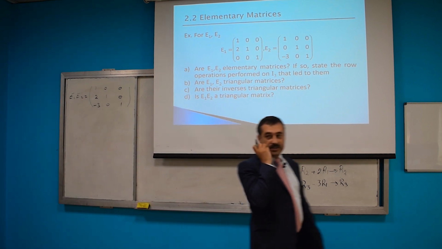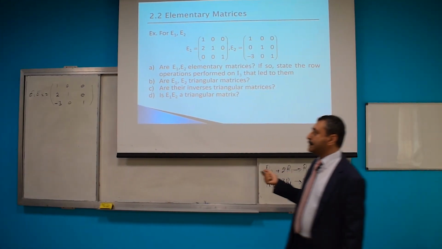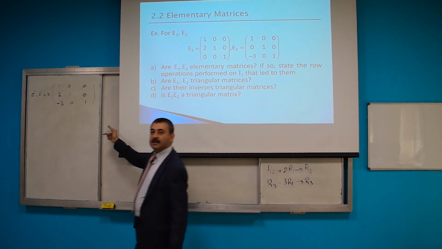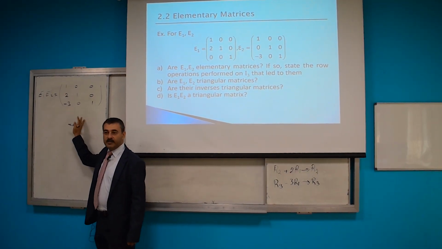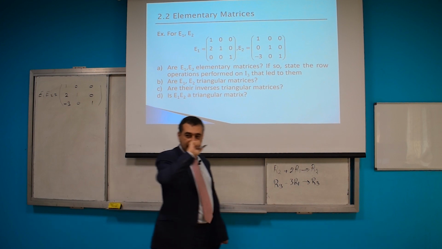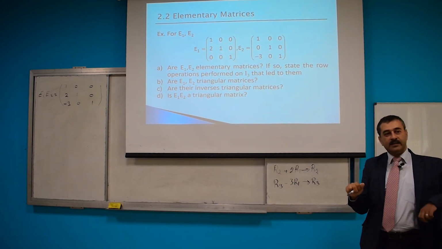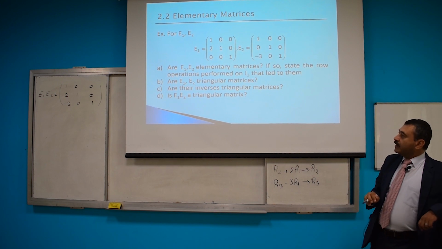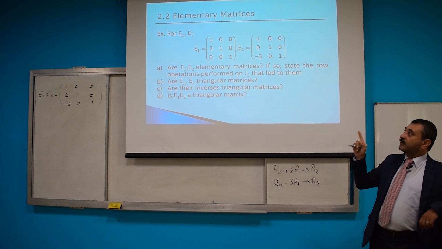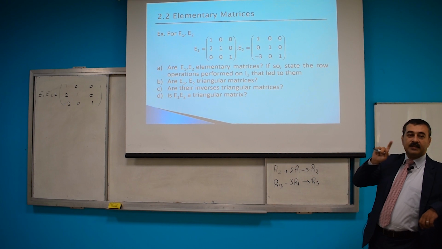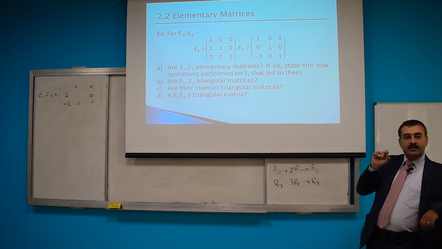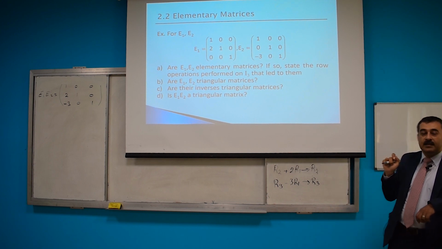Is this an elementary matrix? No, this is not an elementary matrix. However, it is a triangular matrix, lower triangular. If you look at the diagonal for all matrices, the diagonal entries are all ones.